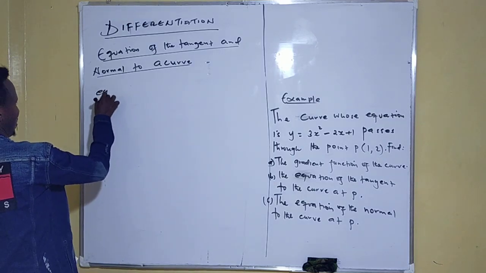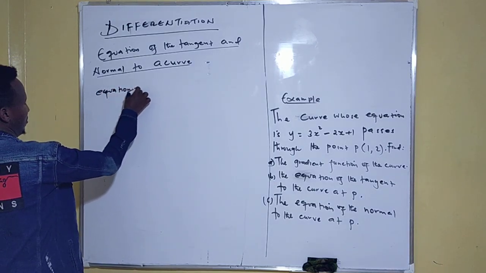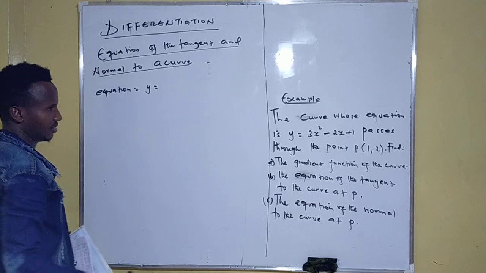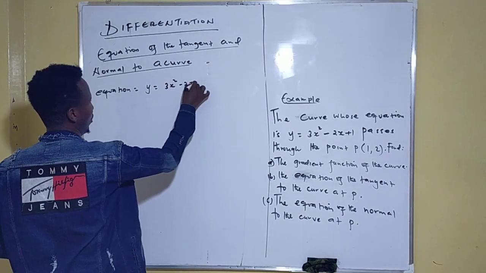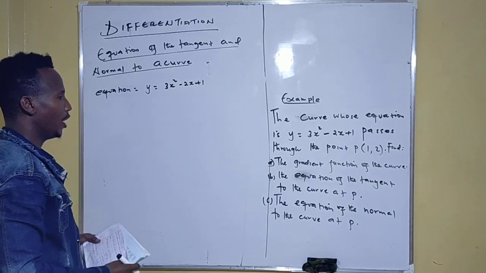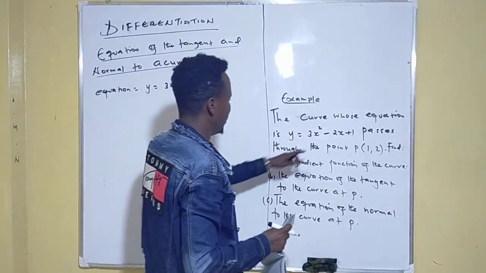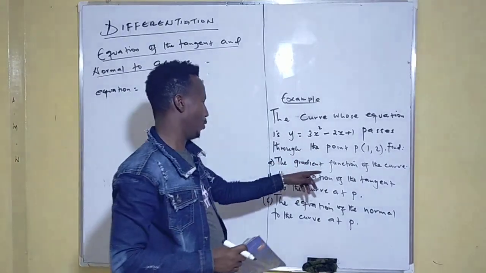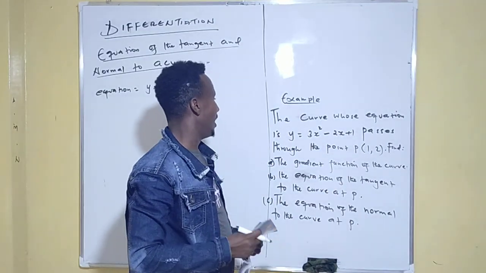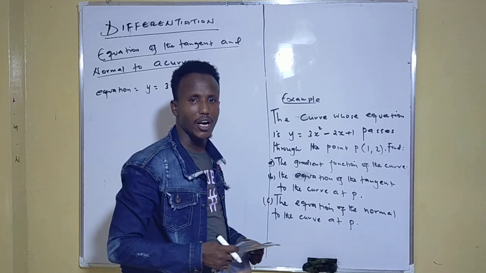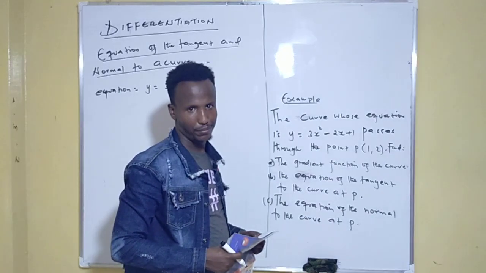Let's write that. Equation: y is equal to 3x squared minus 2x plus 1. The gradient function of the curve is the given equation differentiated.